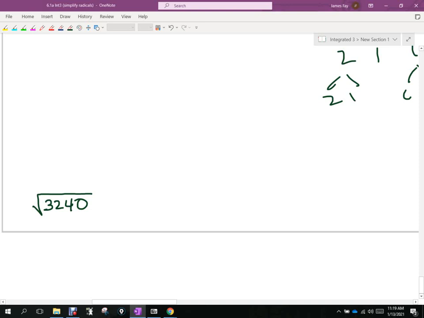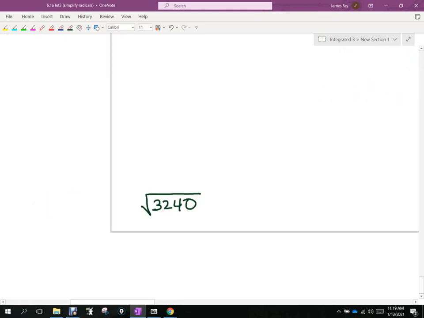3,240. What number do you automatically know will divide that? You know 2 will, right? It ends in an even number. Now, you can do that, and that's fine. Nothing wrong with it. But if it ends in a 0, what is a better number, I think? Might clean things up a little bit. 10 would be better, right?